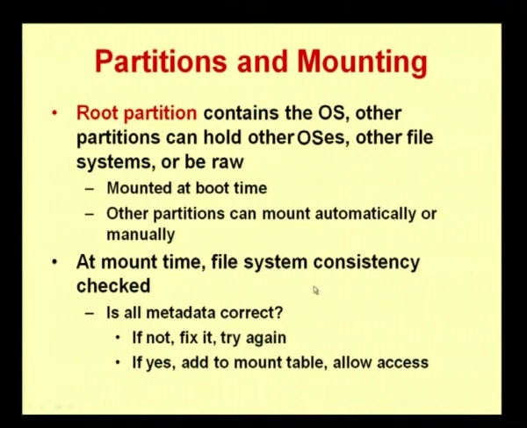At mount time, the file system consistency is checked, to see whether all the metadata are correct. If it is correct, it will mount and allow access. If it is not correct, it will fix the error, make sure it gets mounted, and then allow access. So this is how partitioning and mounting work.